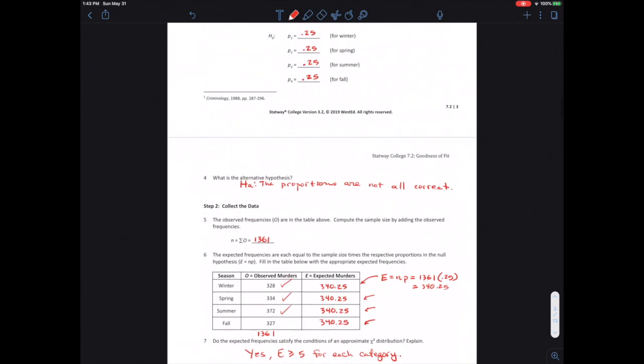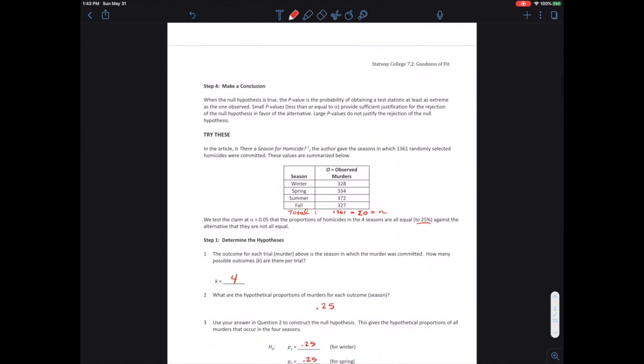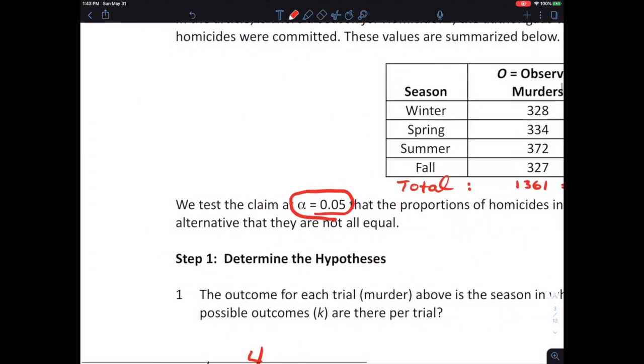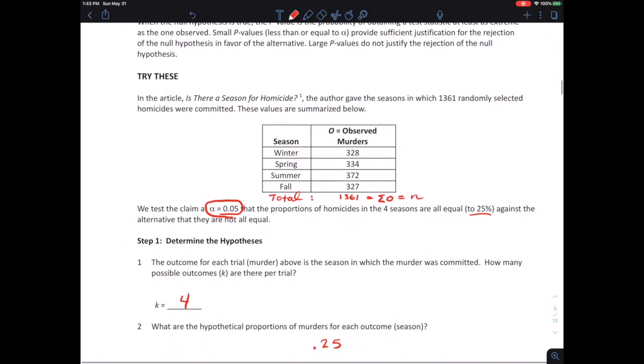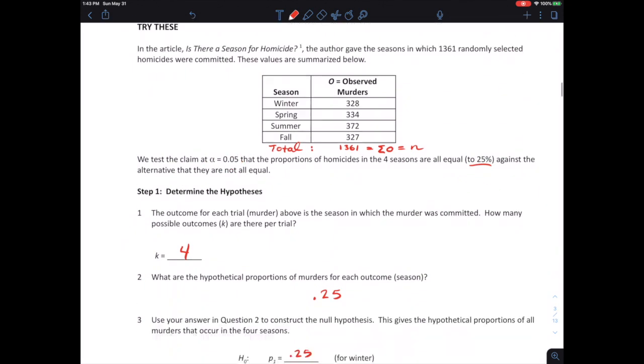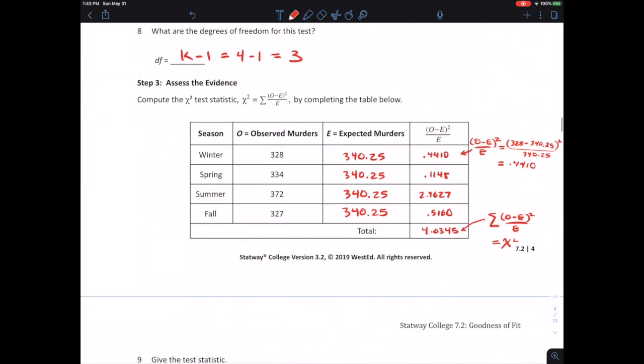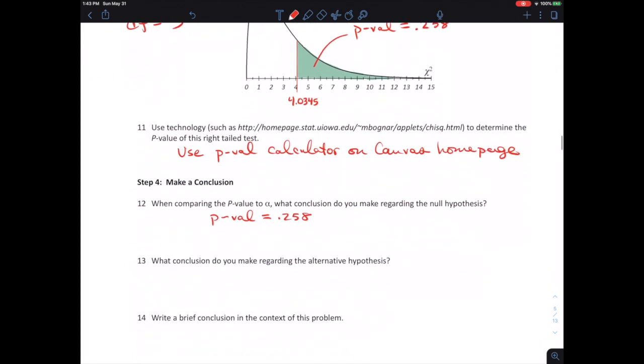I think our alpha was 0.05. I remember reminding myself right here, alpha is 0.05 at the beginning of this problem. So this thing is bigger than 0.05. Just looking at the first 2 digits, 0.25 is bigger than 0.05.